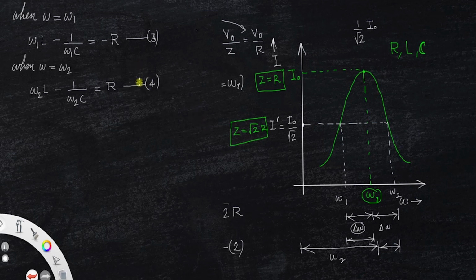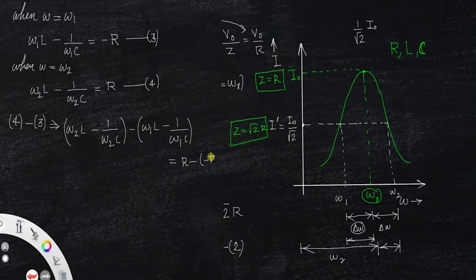Now if you take the difference of equation 4 and 3, that is, I subtract 3 from 4, you will get omega 2 L minus 1 by omega 2 C minus (omega 1 L minus 1 by omega 1 C) equal to R minus minus R. Clear? I am subtracting 3 from 4.